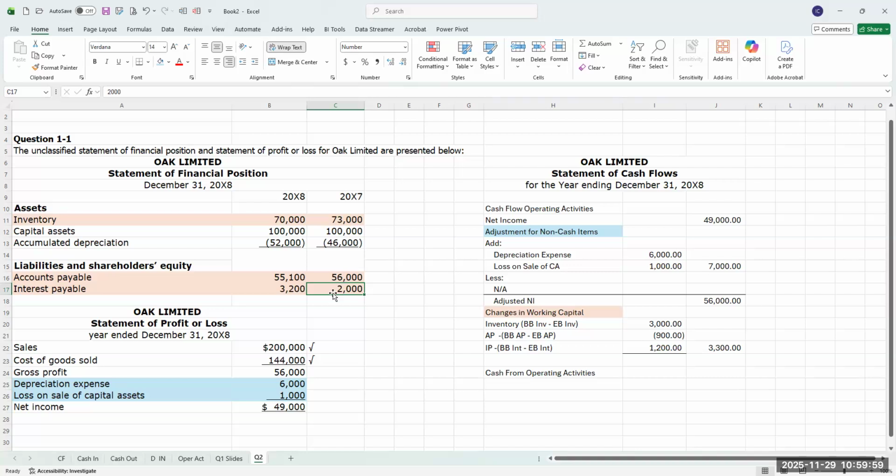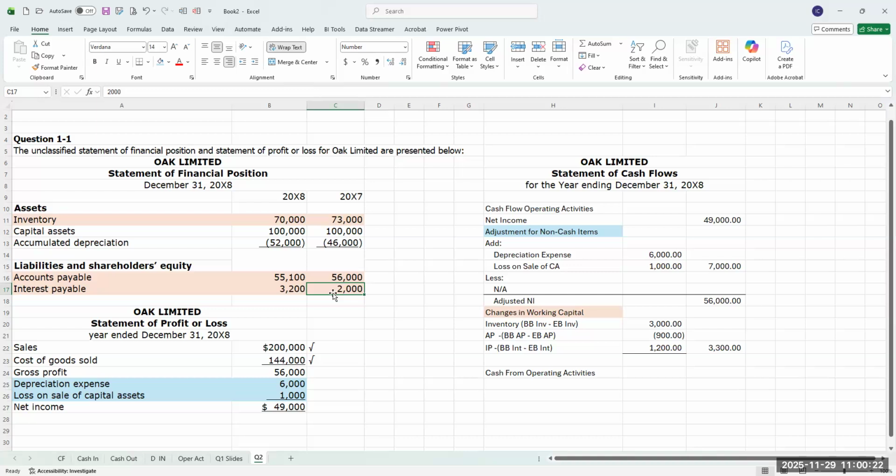The question is, did we pay for that expense? For the interest expense? And the answer is no, we didn't. How is this going to affect our cash? Well, we're saving on the cash. So basically, because of the increase in our interest payable, we're paying less cash.